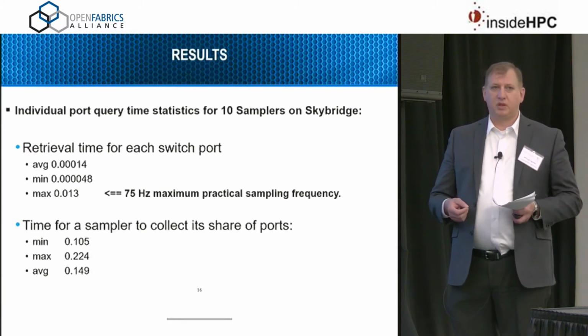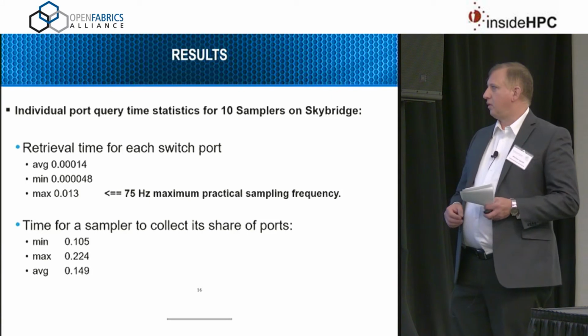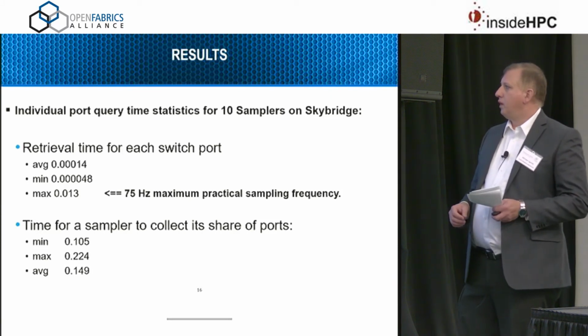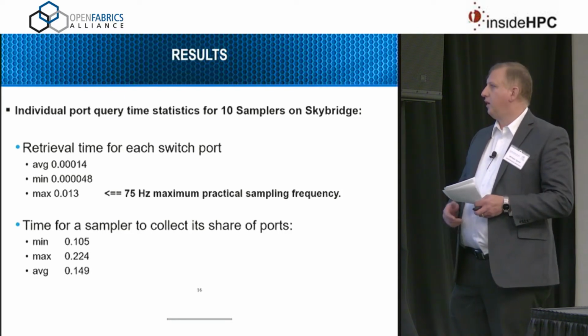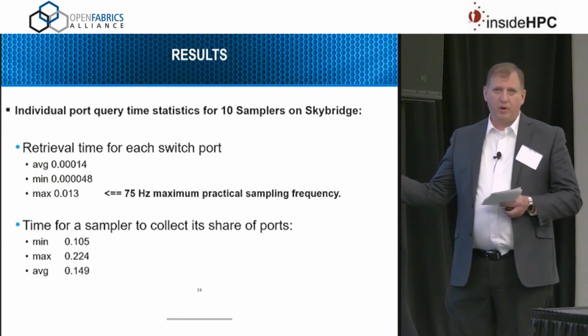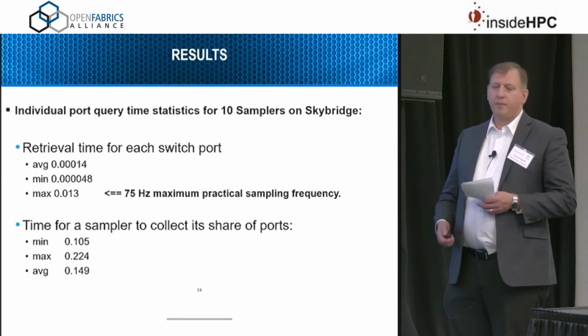We can get more information out of our metrics. It takes about a quarter of a second to sample those ports at worst case. And we were aiming for a 1 second turnaround time.